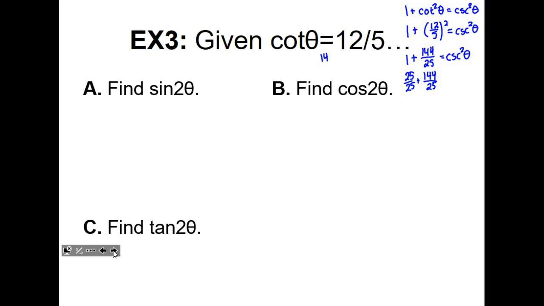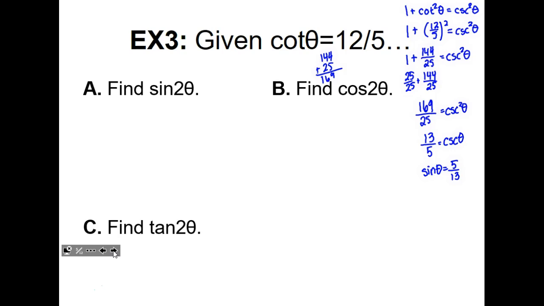And 144 plus 25 gives us 169. Cosecant squared. What's the square root of 169? 13. So 13 over 5 is cosecant. So what would sine of theta be? 5 over 13. We can just flip it to get sine.